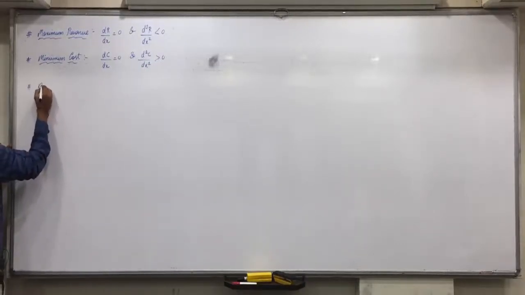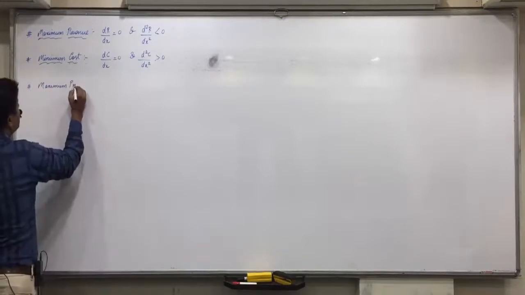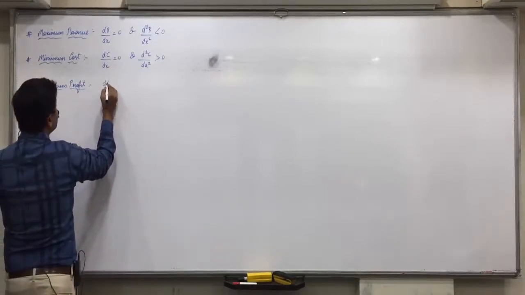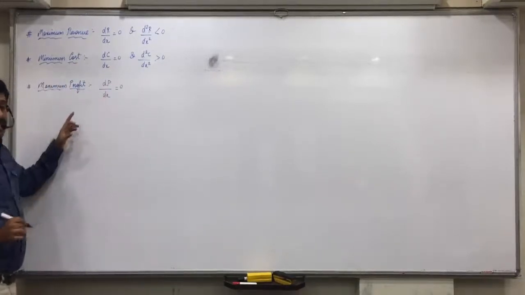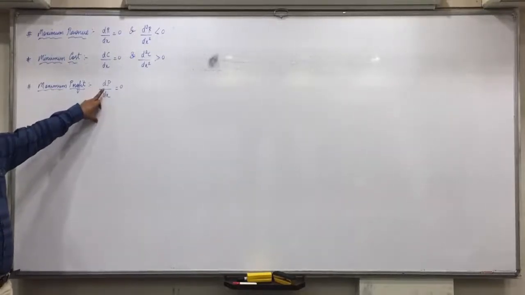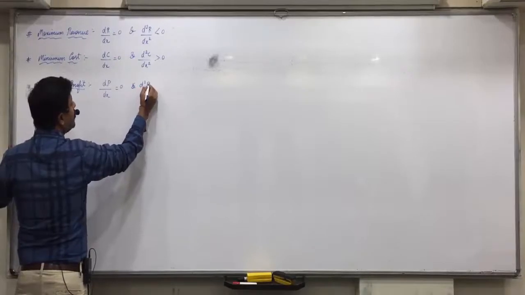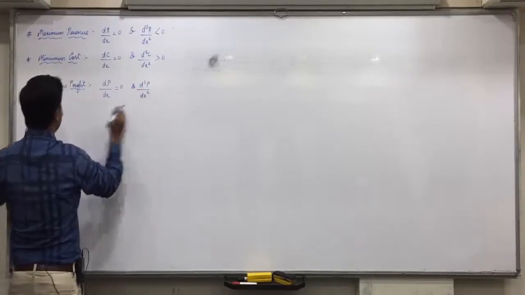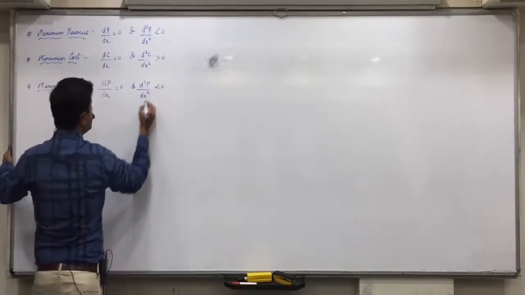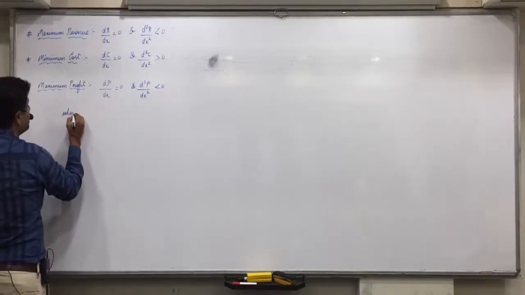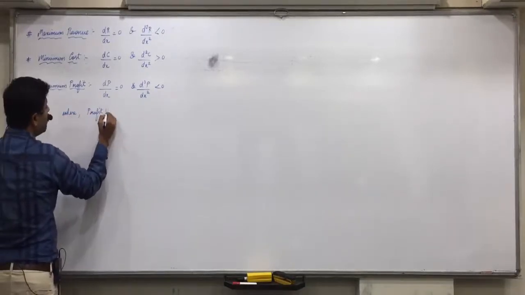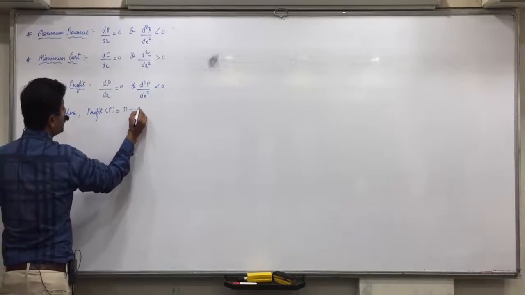And if maximum profit is asked, then dP upon dx, what is P here? Profit, not price. And d square P upon dx square must be less than 0 for maximum, where profit P will be revenue minus cost.